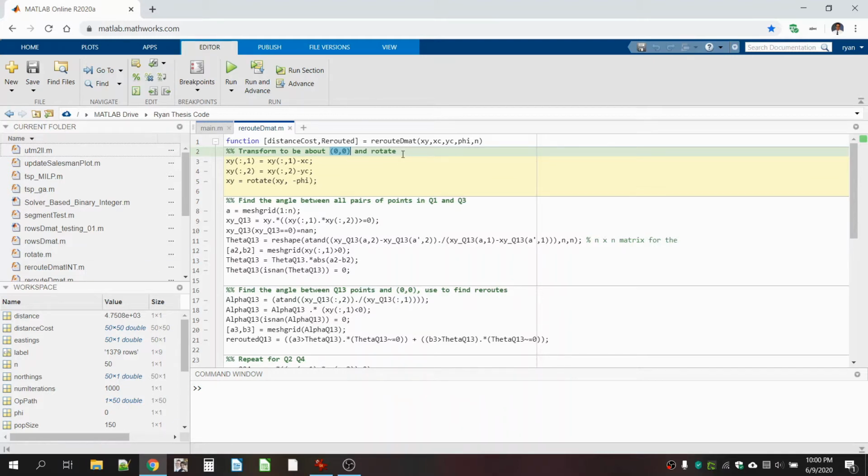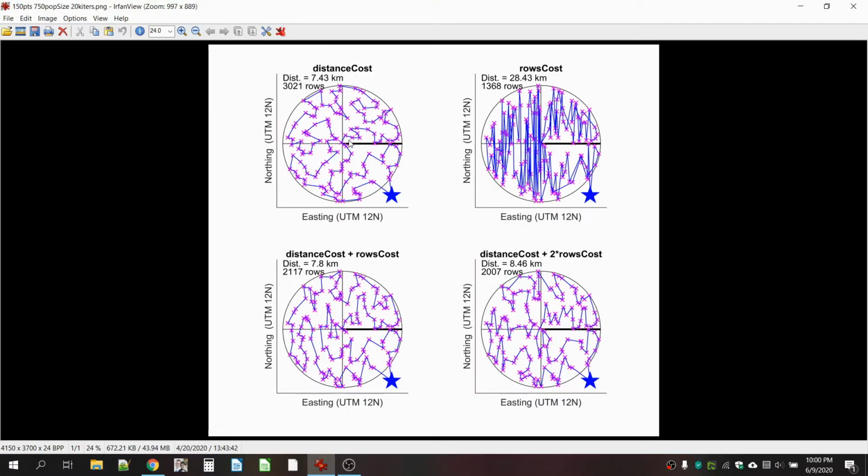And then you also have to rotate by -v, so that if your irrigation line is at a 45-degree angle, you rotate all your points by -45, so that from the perspective of the points, it looks as if the irrigation line is actually in the 0-degree position. Again, this is important because of the way the test works.